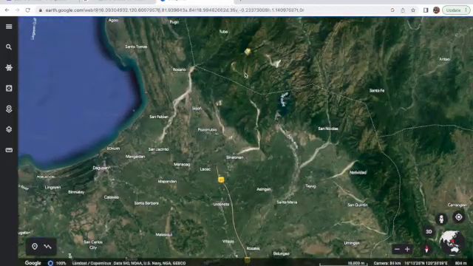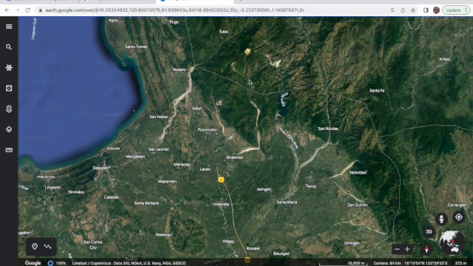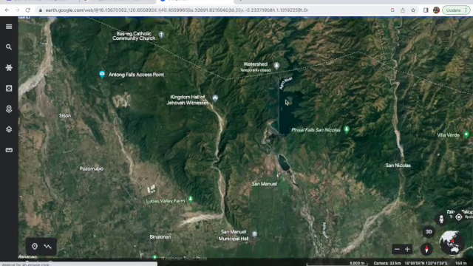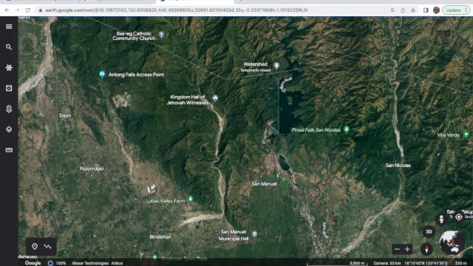The water here is the Sinukalan River. Here, you can see the Agno River. Pinsal Falls in San Nicolas, you get to see here the Agno River flowing. The Agno River Reservoir.